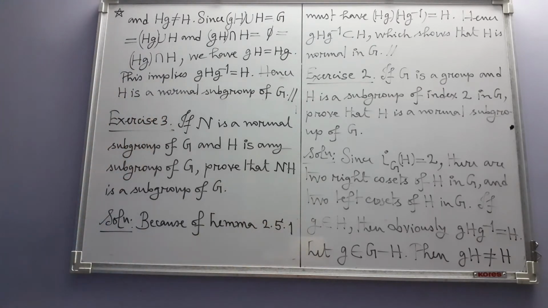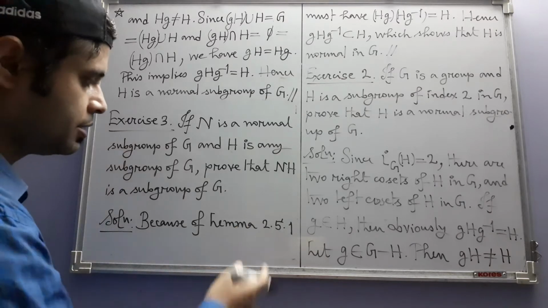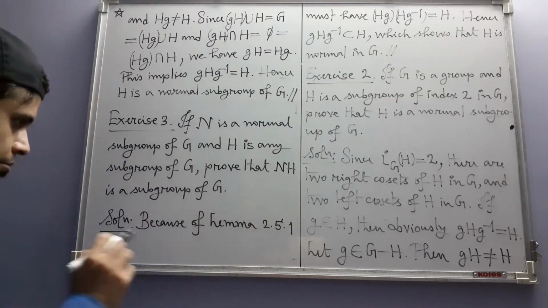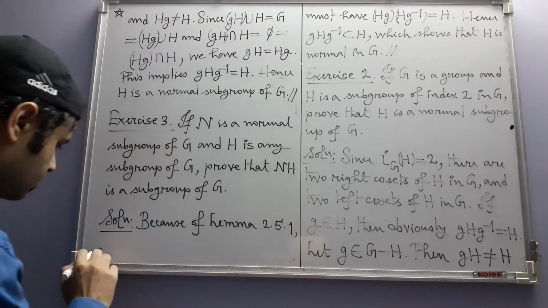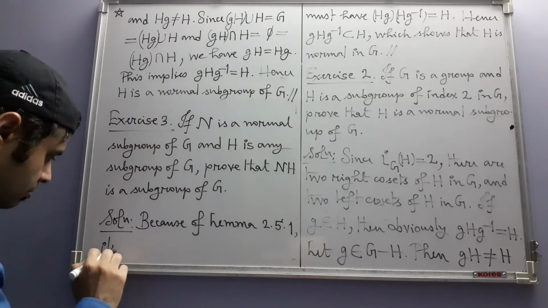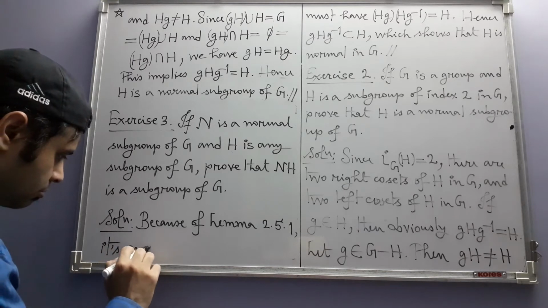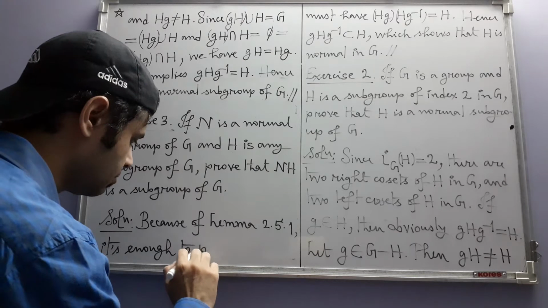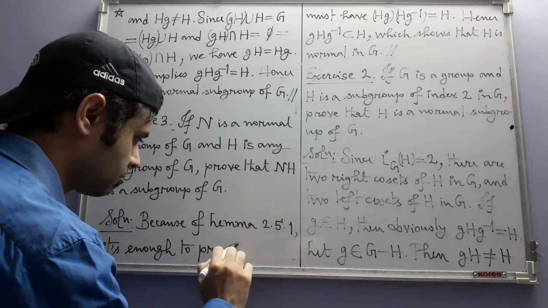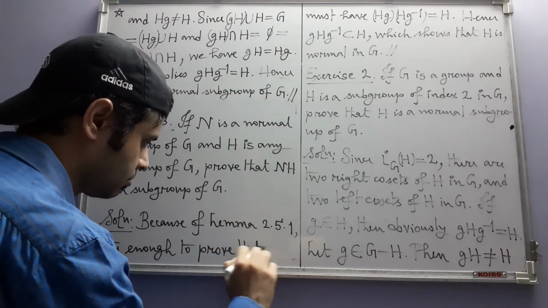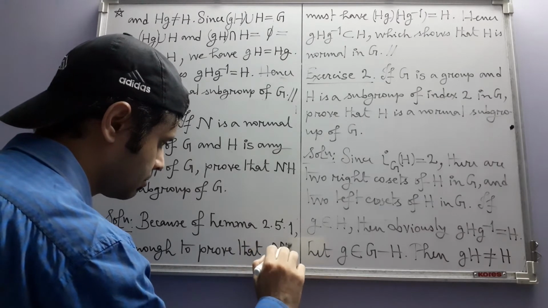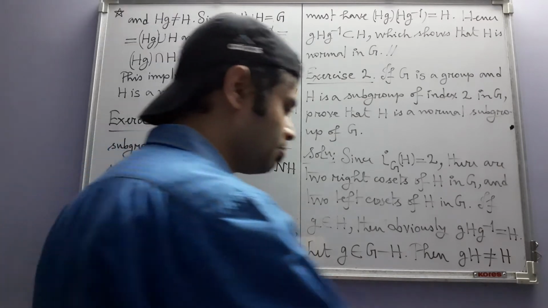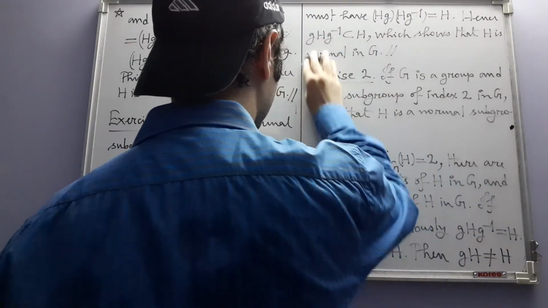It's in the section 2.5 which is named a counting principle. You have that lemma here. Because of this lemma, it's enough to prove that NH is equal to HN. That will imply that NH is a subgroup of G.